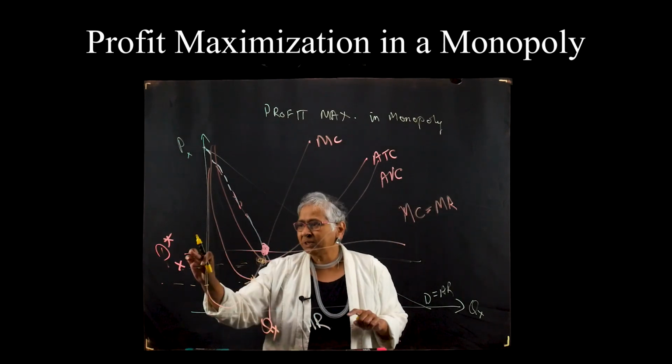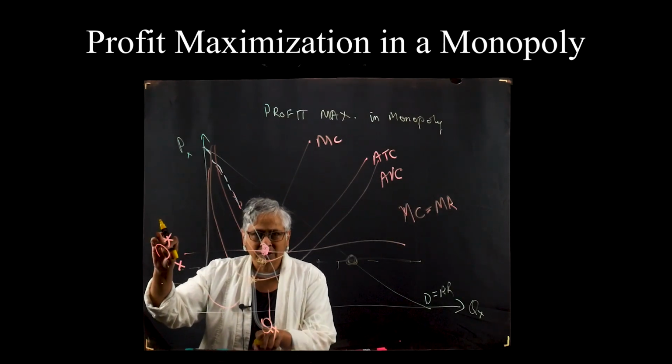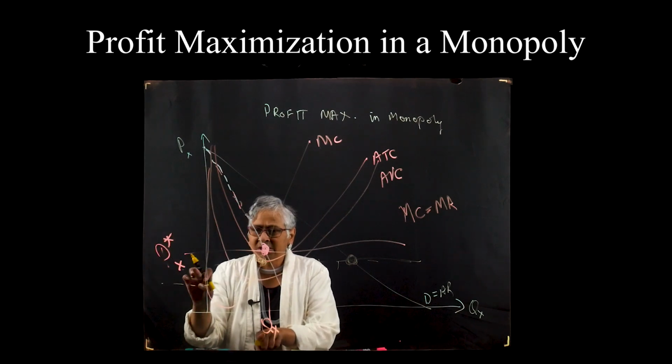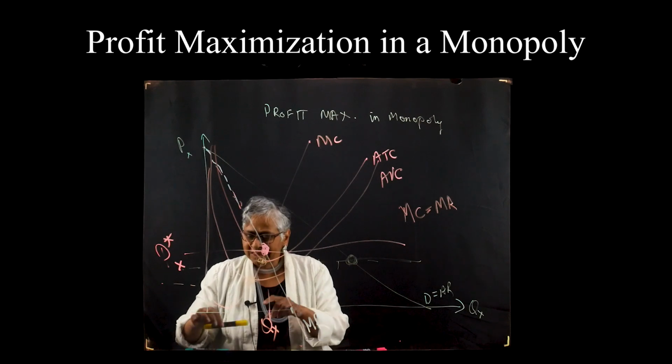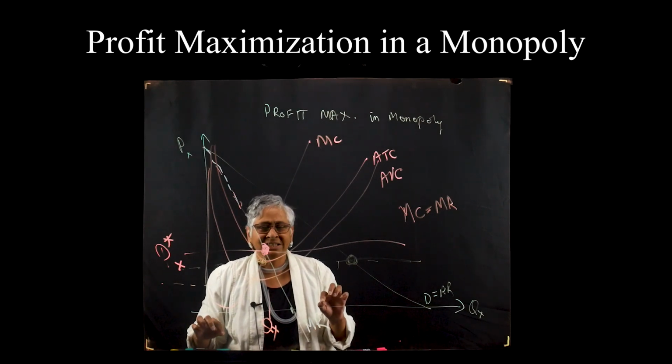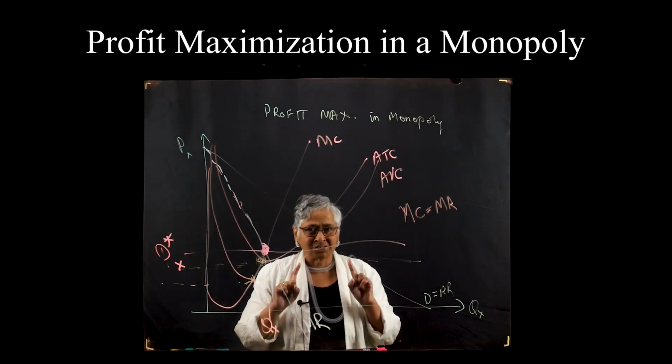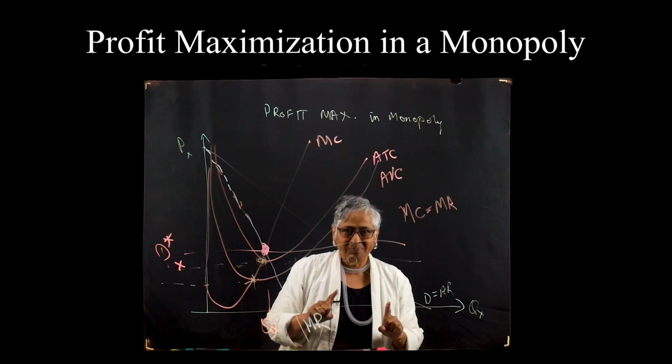So with a monopolist, you have higher price, lower quantity, compared to lower price, better quantity under perfect competition. And that's what we mean when we say monopoly is not good for the economy.